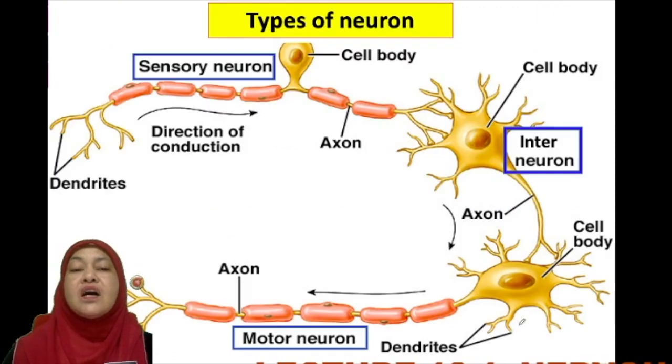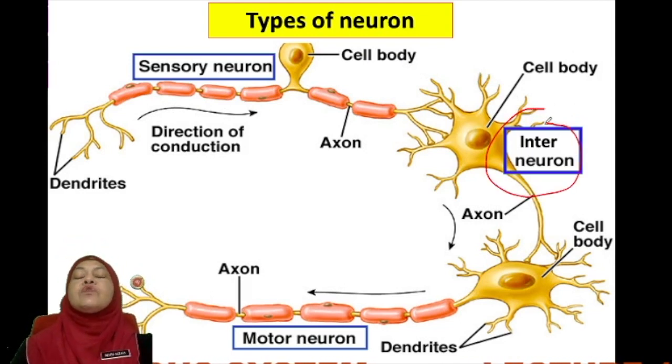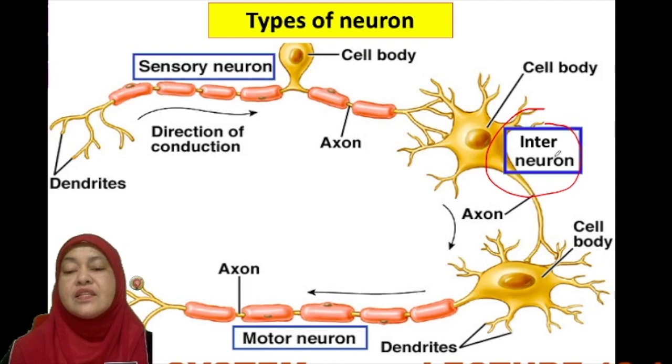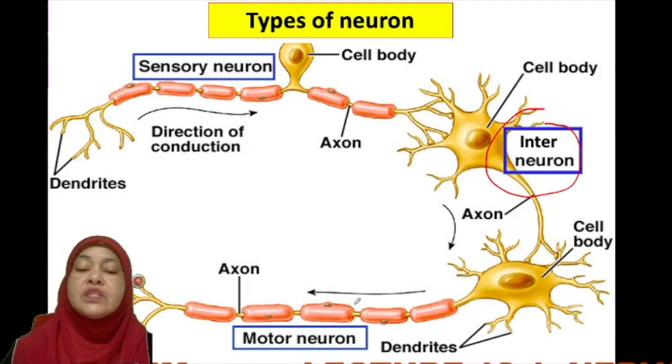These diagrams show the types of neuron: the sensory neuron, which conducts impulses to the CNS, the interneuron found in the CNS, and after that, from the CNS, the next neuron is the motor neuron, or efferent neuron.